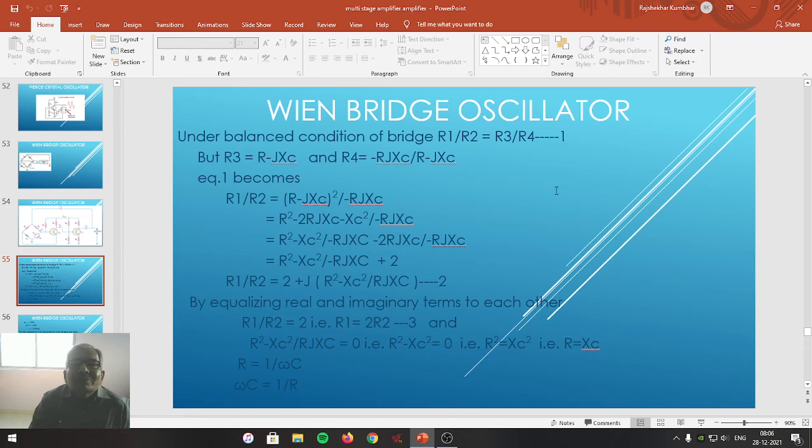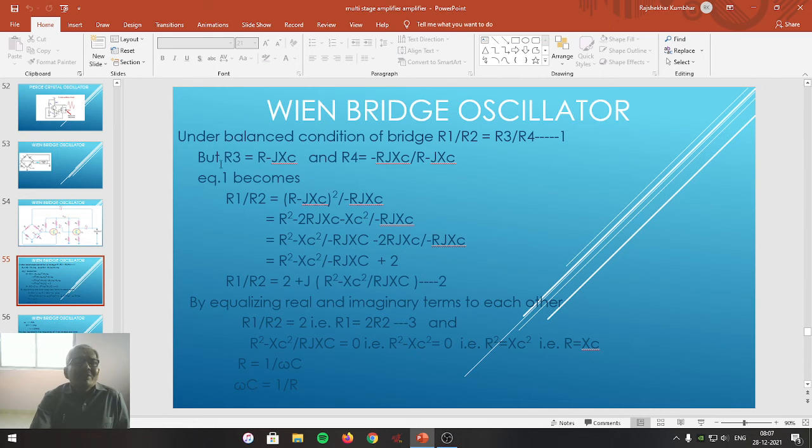But what is R3? R3 is a series combination of R and C. Therefore, that impedance is calculated in the form of resistance R and reactance of the capacitor connected in series.